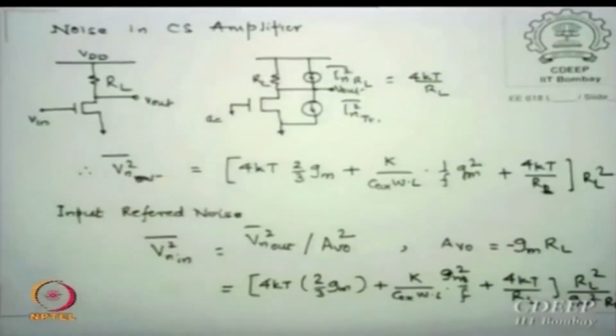One is due to the RL and the other is due to the transistor itself. To calculate the noise output voltage, what is the method we apply? Use superposition. Take one noise source, find the output. Take the second noise source, find the output. Then sum them.